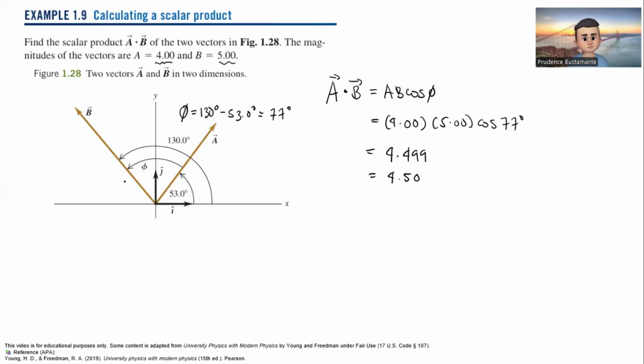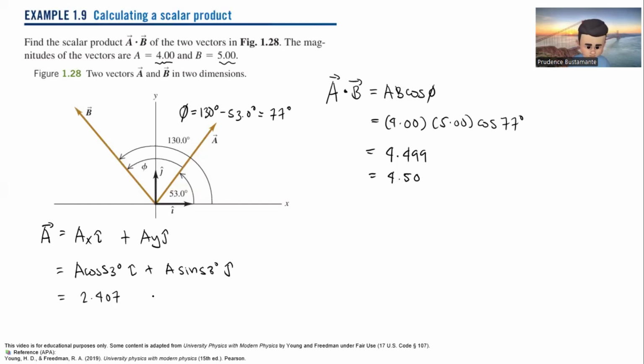How about, say for example, if you recall, this vector A is just equal to Ax i hat plus Ay j hat, or this is equal to A cosine 53 degrees i hat plus A sine 53 degrees j hat, where this is equal to 2.407 i hat plus 3.195 j hat.